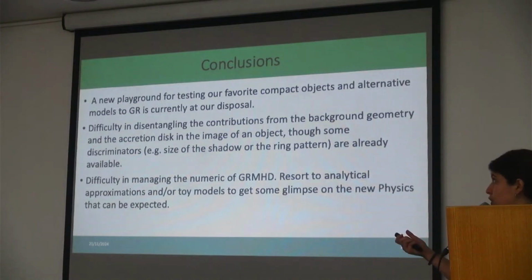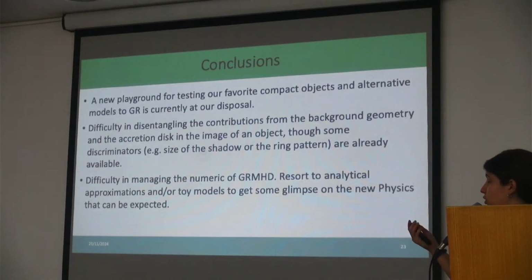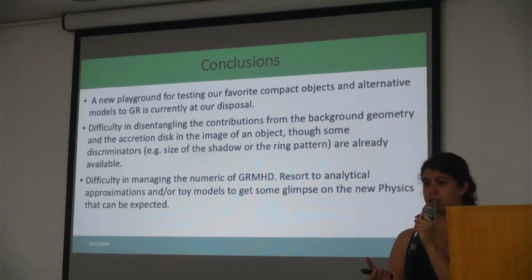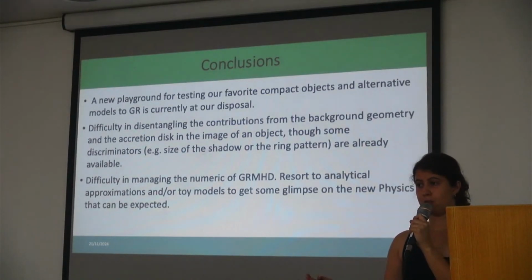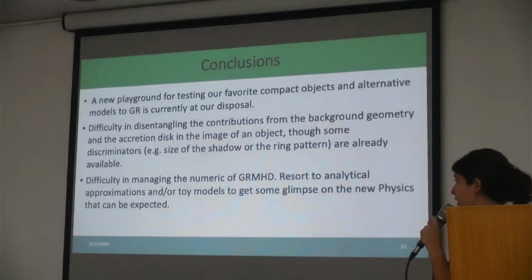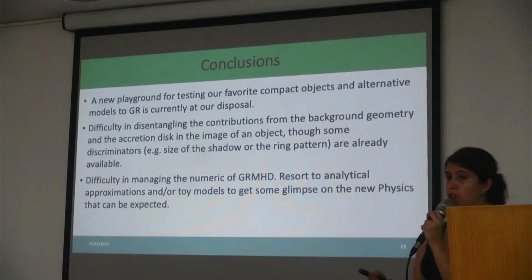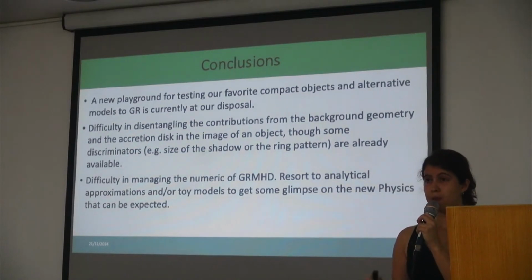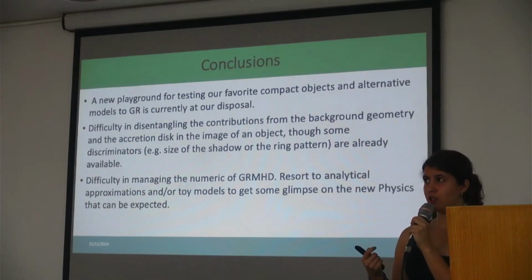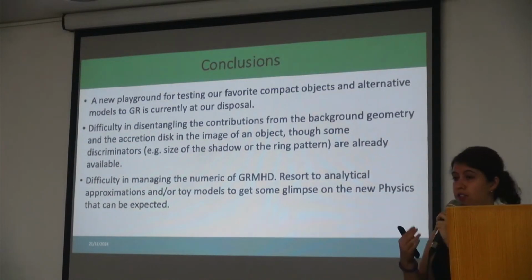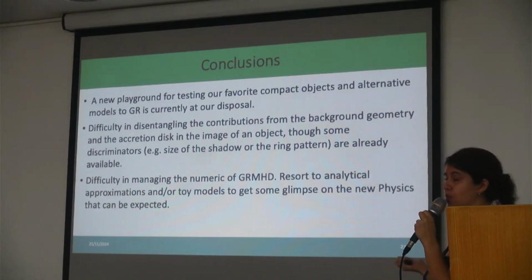Even though we can have problems disentangling these contributions, there are some features of the images that can be used to identify these non-Kerr objects. Finally, regarding the accretion disk model, we used a very simple one. But since it is a little bit ad hoc, it can also contribute to this entanglement of the two contributions. So we need more precise models.